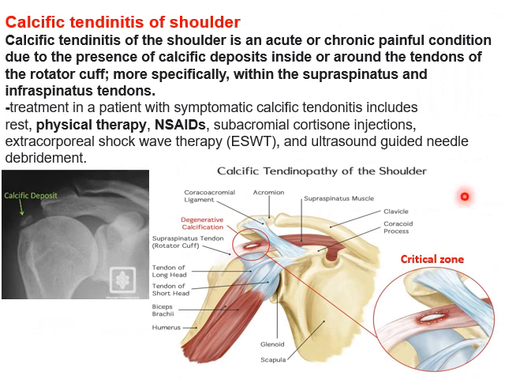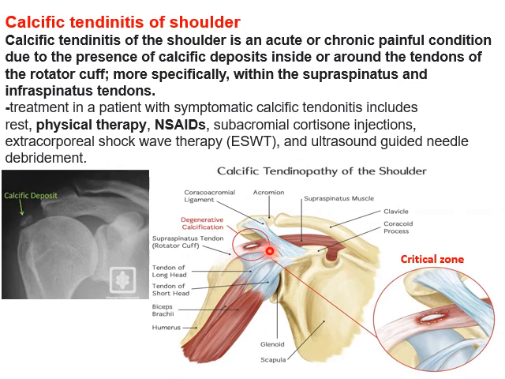So calcific tendinitis of the shoulder. Calcific tendinitis of the shoulder may be acute or chronic. Acute means sudden. Chronic means it is there for a long time and presents at a later stage. It is a painful condition due to the presence of calcium deposits inside the tendons of the rotator cuff.